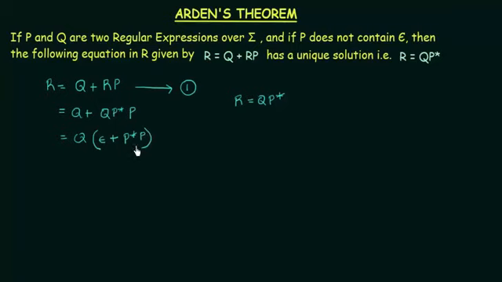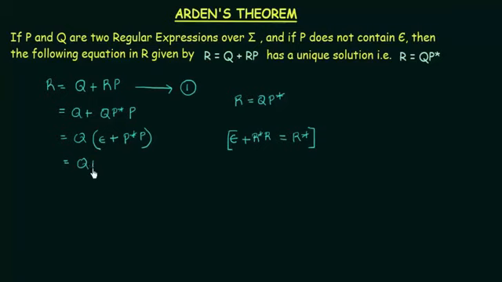Now if you remember in the previous lecture when we studied about identities, we already studied that epsilon plus R star R, where R is any regular expression, is equal to R star. So this was one of the identities in the previous lecture. You can refer to it if you have not watched. So here in the same way we see that we have epsilon plus P star P. So this whole thing can be written as P star.